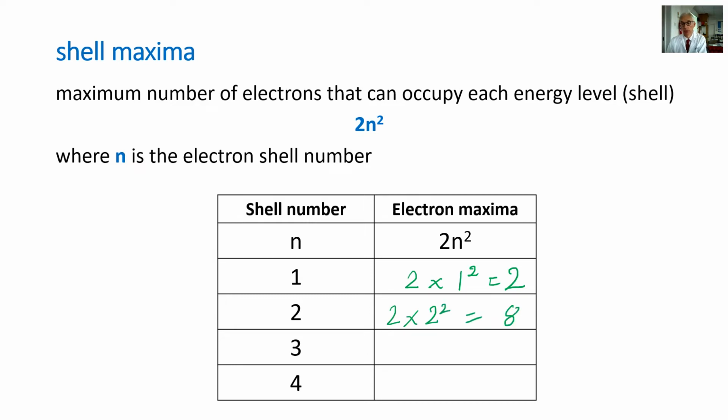So the maximum in the second shell is 8. 2 times 3 squared, well 3 squared is 9, so the maximum in the third shell is 18. And 2 times 4 squared, well 4 squared is 16, so the maximum in the fourth shell is 32. So these are the maximum numbers of electrons in the first, second, third and fourth shell that you will be working with at A-level.